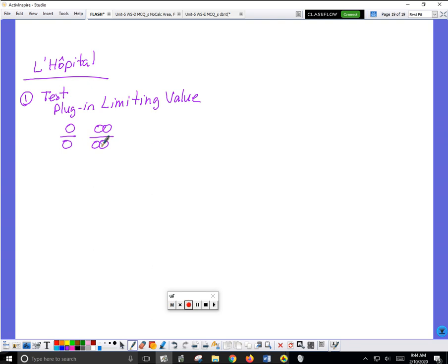So first thing, you don't ever use L'Hopital's rule unless you test first. And again, don't use L'Hopital's rule if the other items on the flashcard work. If the limit is x approaching infinity, compare terms that are adding first. If you can factor and divide first. Second item on L'Hopital's rule, you take the derivative of the numerator and you take the derivative of the denominator.